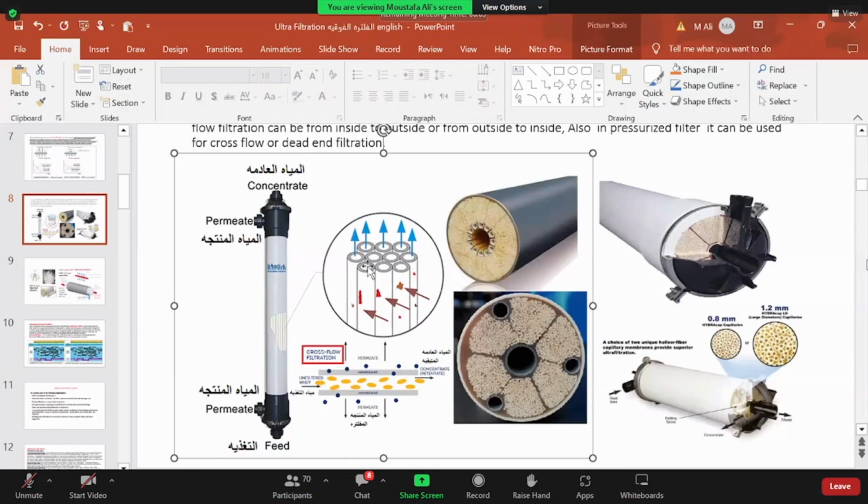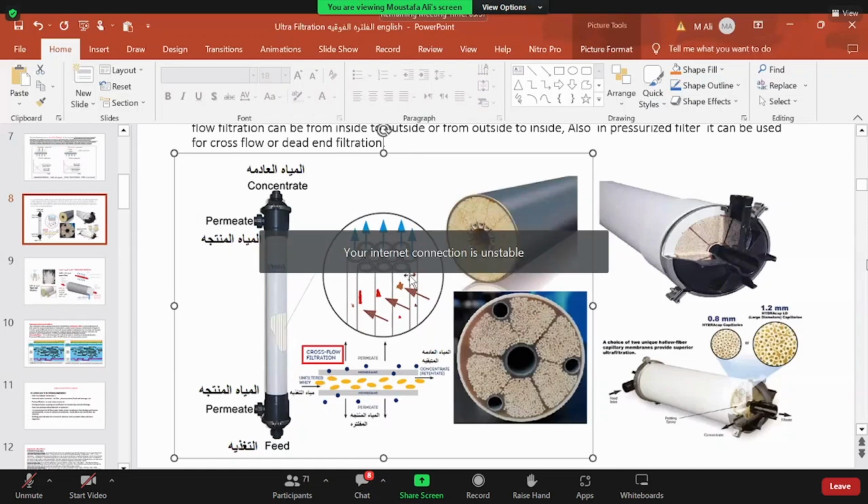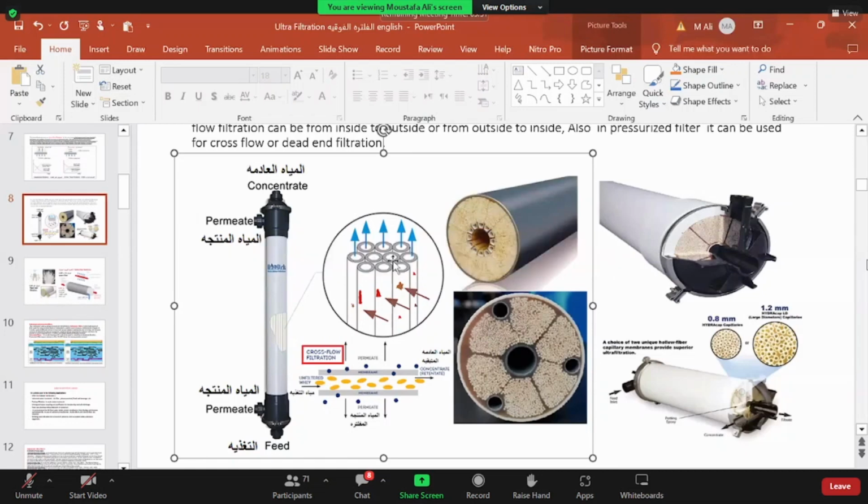So the controlling factors are the membrane surface area, the number of the fibers, and at the same time the diameter of the tubes or fibers themselves.